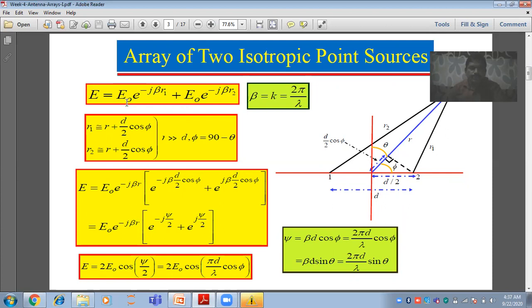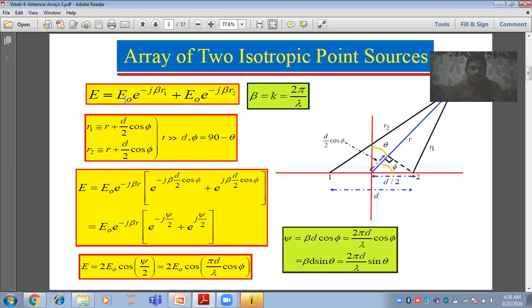The magnitudes are E naught and E naught, so both maintain the same amplitude of current. And this is plus E naught and this is plus E naught, so both have the same phase.